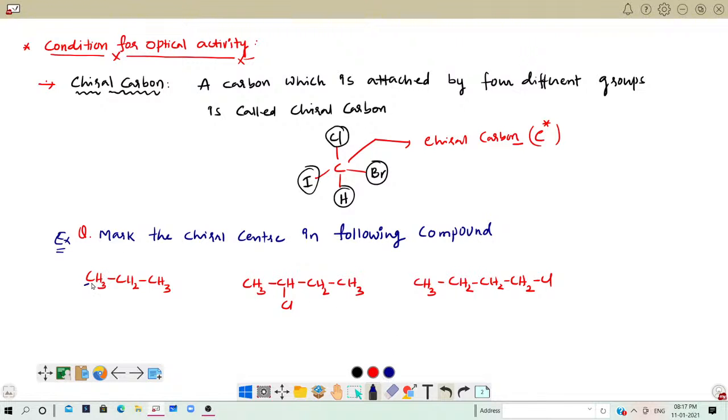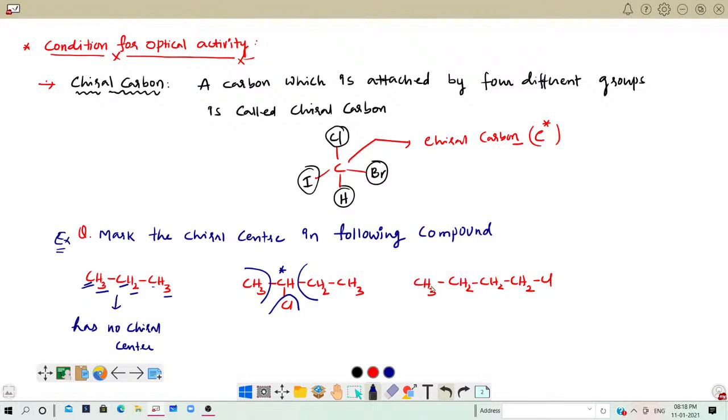Let us check. Here this carbon is attached with 3 hydrogens, this carbon with 2 hydrogens, this carbon with 3 hydrogens. So it has no chiral center. Here how many chiral centers? Here this is a chiral carbon because this part is CH3, this part is C2H5, this part is chlorine and the other part is hydrogen. Therefore this carbon is a chiral carbon.